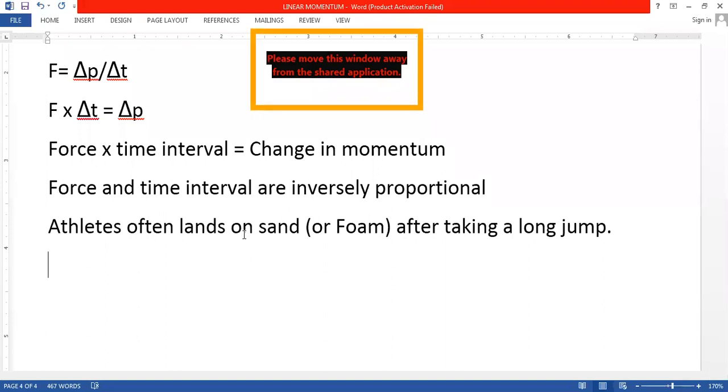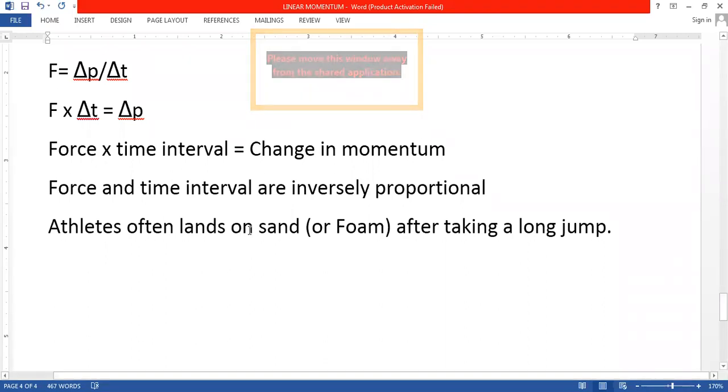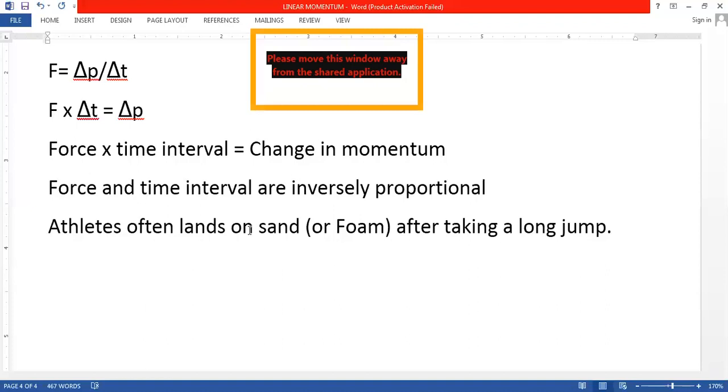That's why, though the athlete was running very fast, when he stops quickly, he is not getting injured or hurt. Because he brings the change in momentum of his body by increasing the time interval to a greater extent, so that the force exerted on his body will be less.